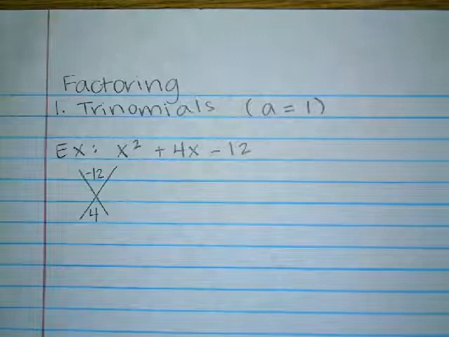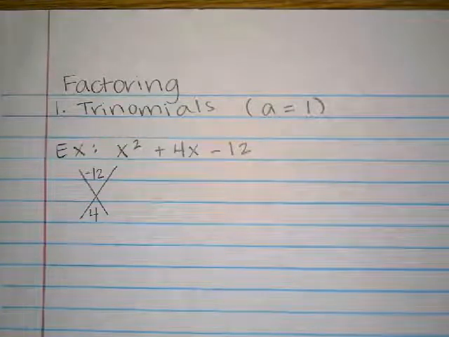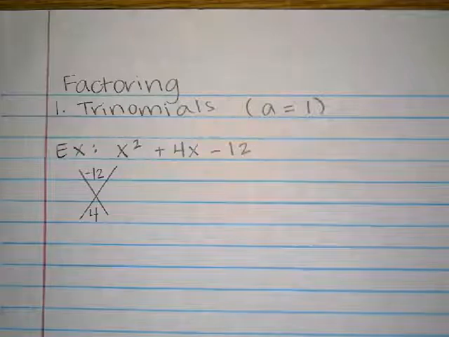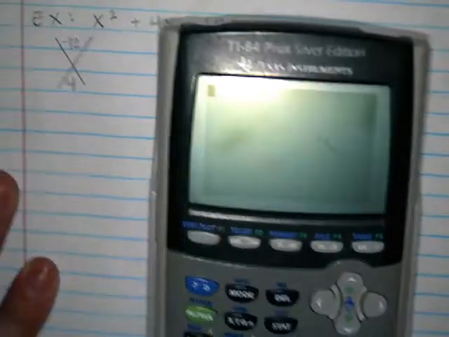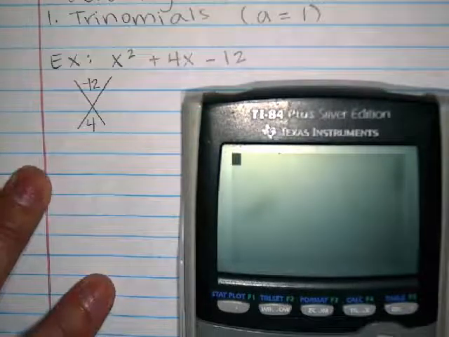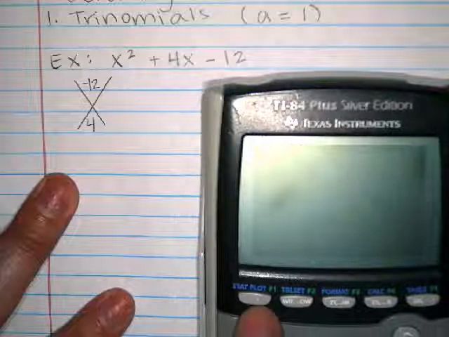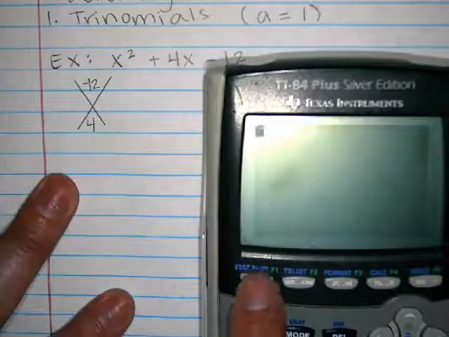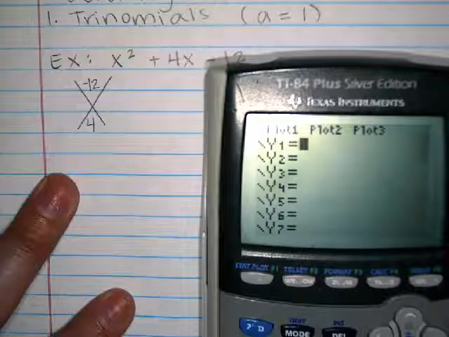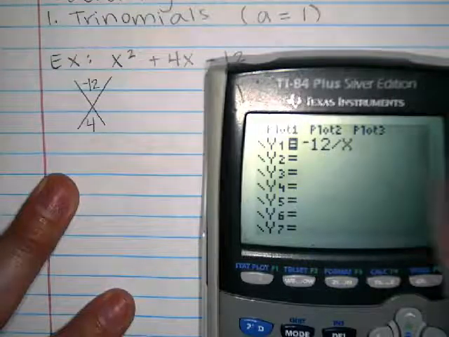If you are not great at your multiplication tables, your calculator can actually help you with this because it can give you all of your options. To look at all the options that multiply to negative 12, you press the y equals button on your calculator and type negative 12 divided by x.